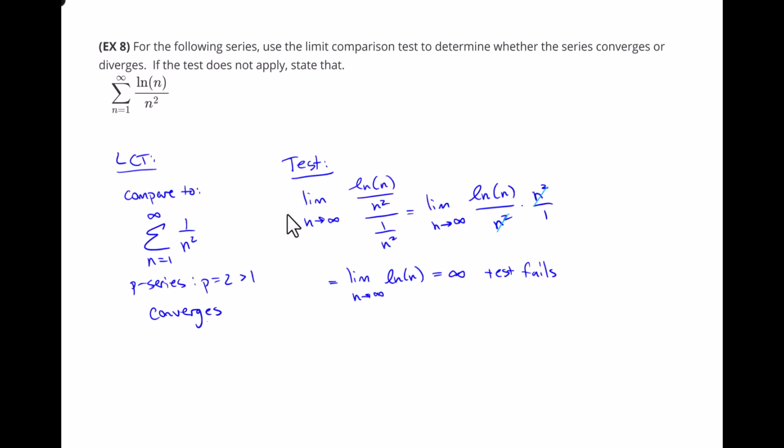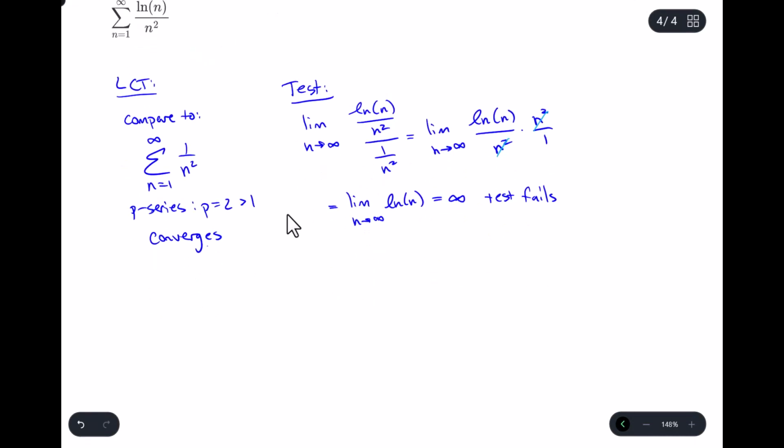So when I have the natural log of n over n squared, I could kind of think of this as n over n squared, which would be more like 1 over n. So possibly this actually diverges, and I would need to compare to the harmonic series to prove that. So let's give that a try.